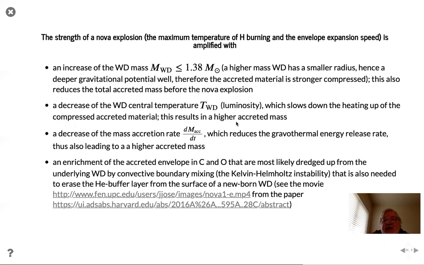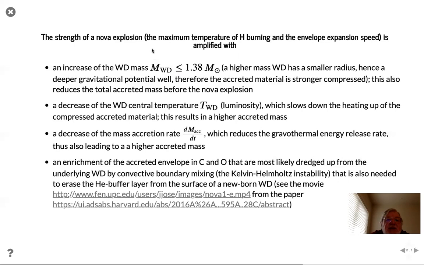And this results, by the way, in higher accreted masses. The nova explosion is amplified with a decrease of the mass accretion rate, which reduces the gravithermal energy release rate, thus also leading to a higher accreted mass.